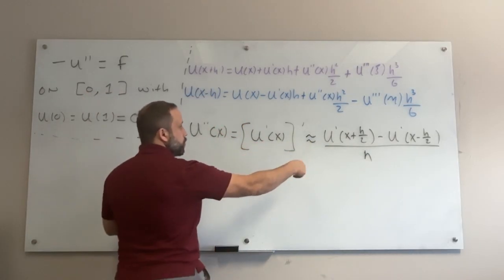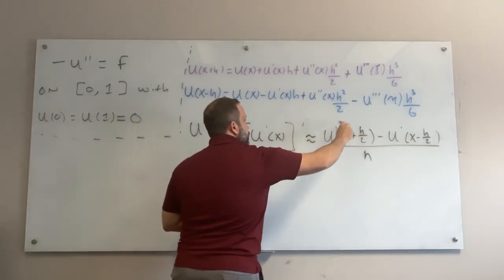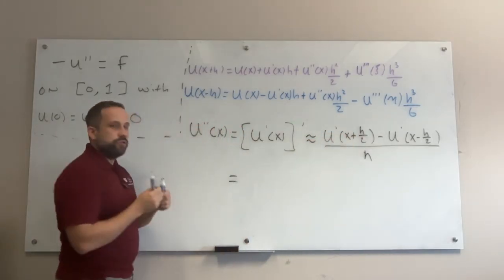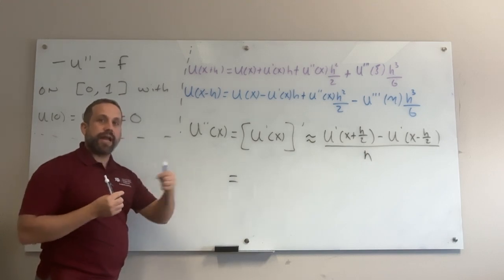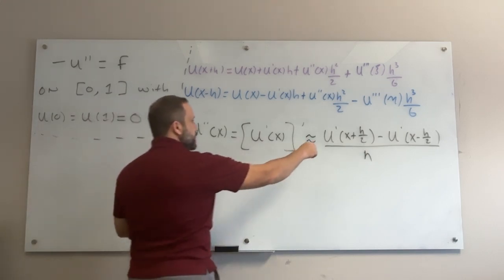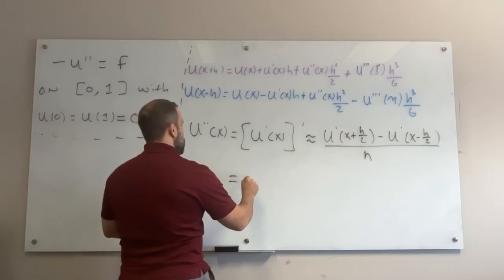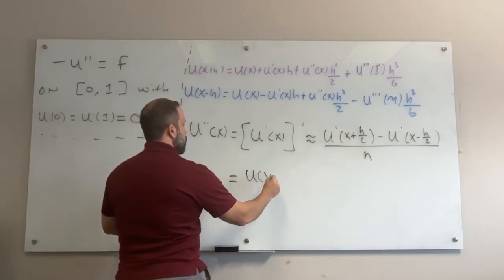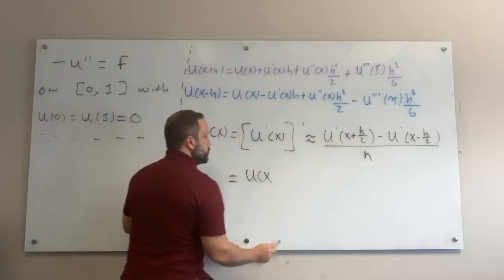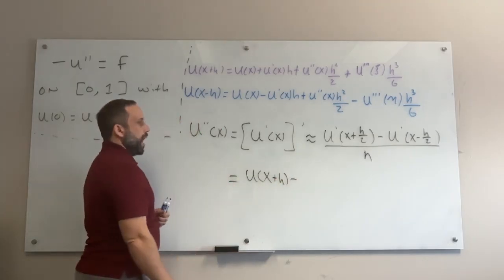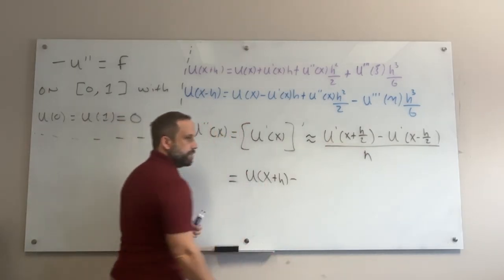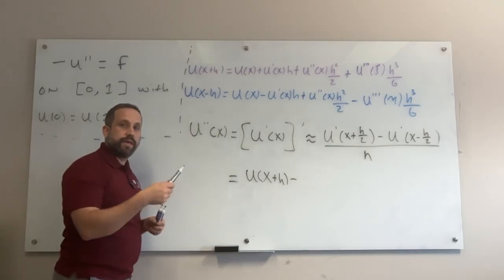So in the numerator, when I use a finite difference to approximate that, I'm going to use h over 2 again as my adding value, not h, but h over 2. And so when I approximate this, I'm going to get u of x plus h, adding h over 2 to x plus h over 2, minus, subtracting h over 2 from that, u of x.